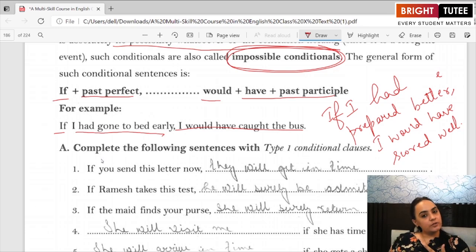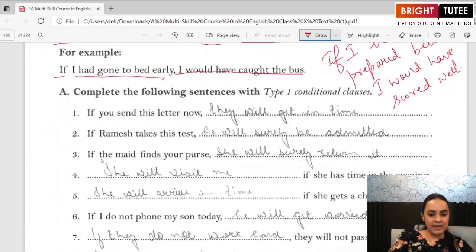Conditionals of type 2, where the likeliness is a little less than that of type 1. That is why they are known as unlikely conditionals. And type 3, where there is no possibility whatsoever for your conclusion to hold true, and therefore they are known as impossible conditionals.